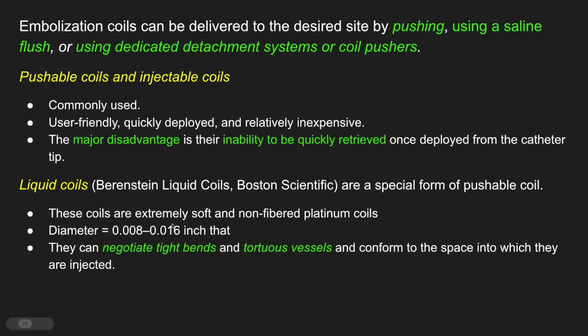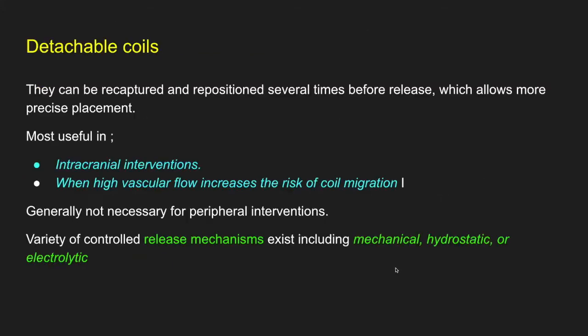They come in very small sizes. You can have even 0.008 inches. They can negotiate tight bends and tortuous vessels, and they can conform to the space into which they are injected.